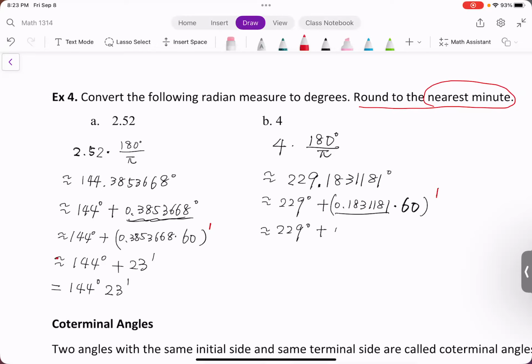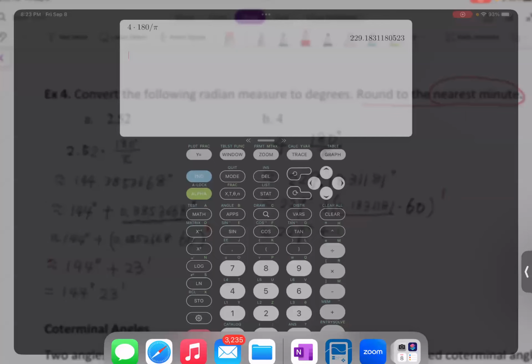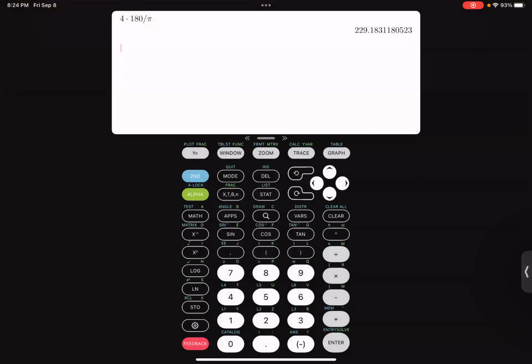Now let's use our calculator to find the minutes part. So use the previous solution, 29 point something, minus the integer part. I'm having decimals, multiplied by 60. I'm having 10.987083. That means I only keep the integers. Can I say my minutes part is 10?